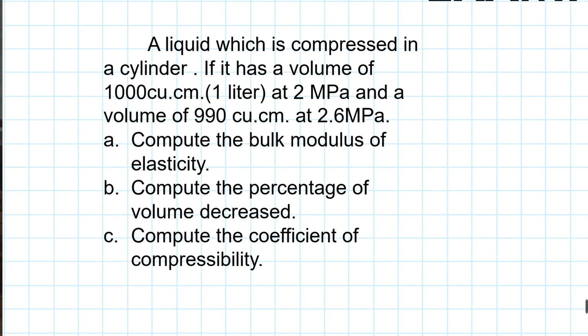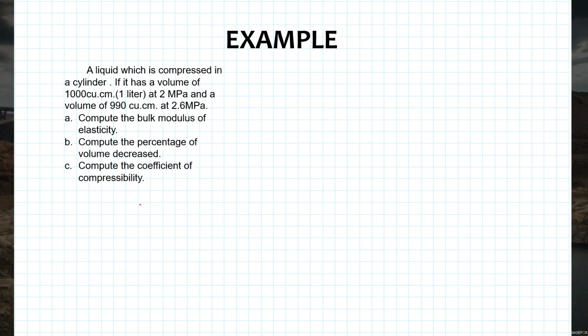It has an initial volume of 1000 cubic centimeters at 2 megapascal, then it is compressed to a volume of 990 cubic centimeters. Now the pressure is 2.6 megapascal. Let's compute the bulk modulus of elasticity, the percentage of volume decrease, and last, the coefficient of compressibility.